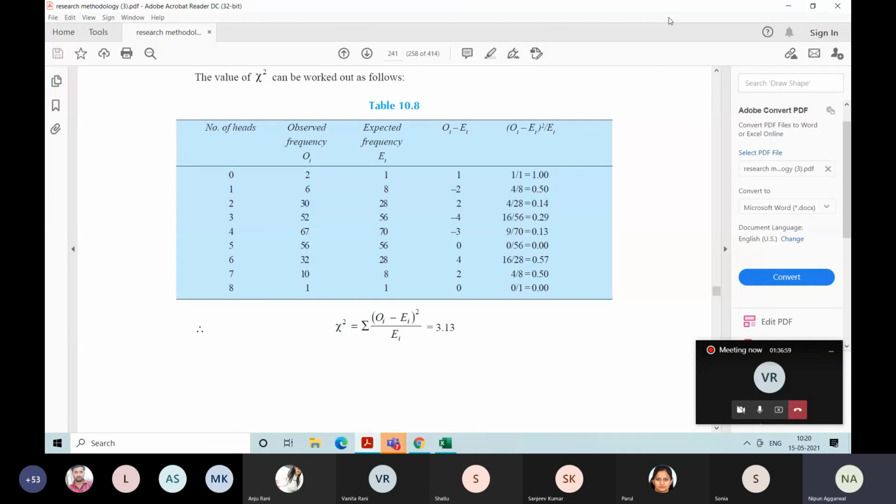No. So we are left with one major test, that is the ANOVA or the F test. If we start now, we will not be able to complete it, so we will do it in the next lecture. The F test or ANOVA is used when we have to compare the means.